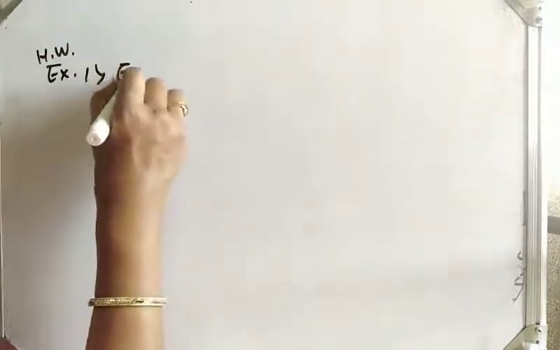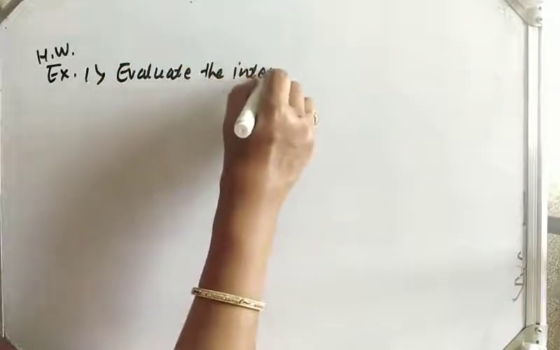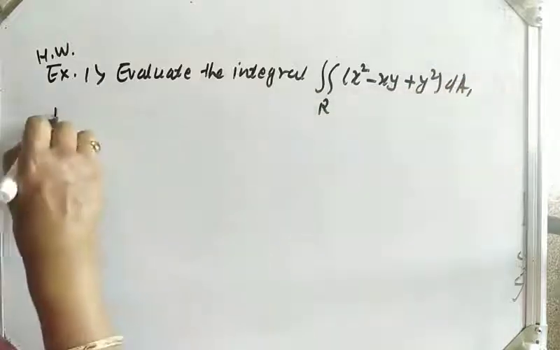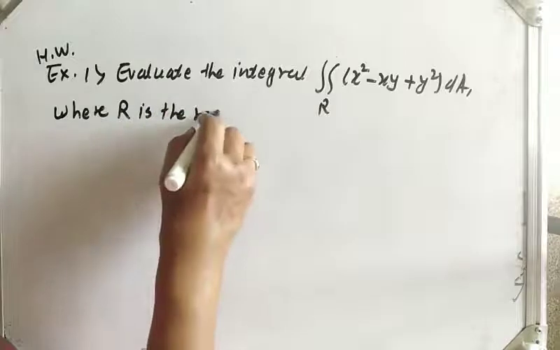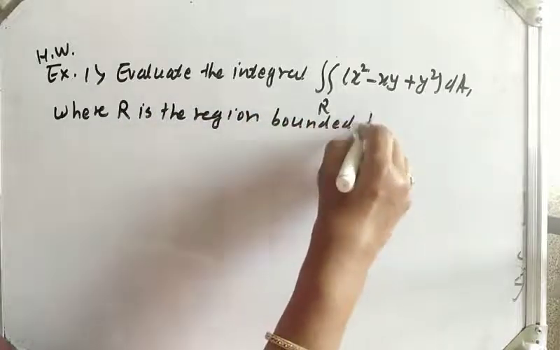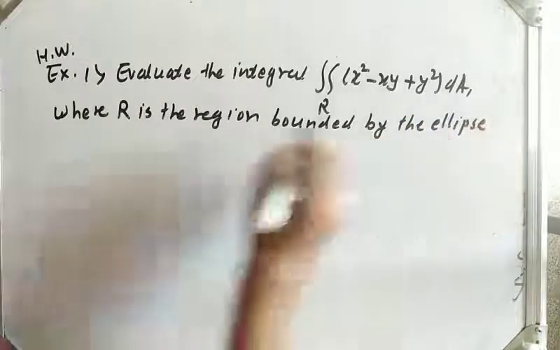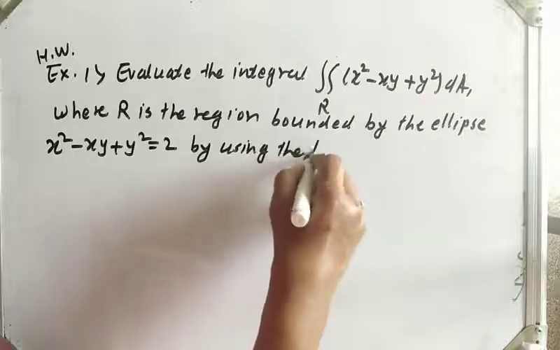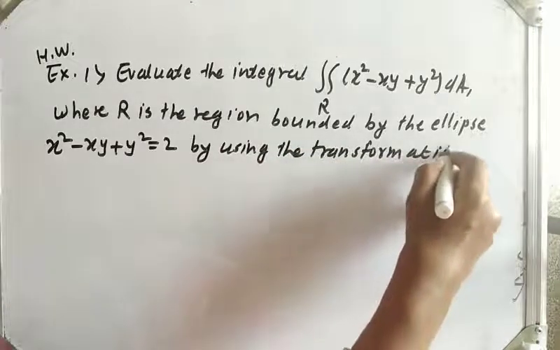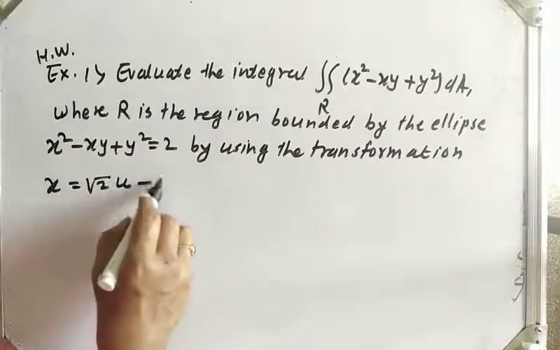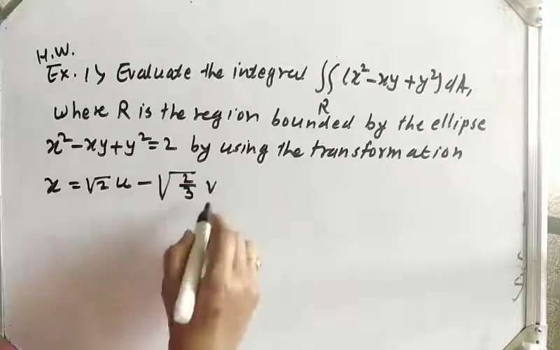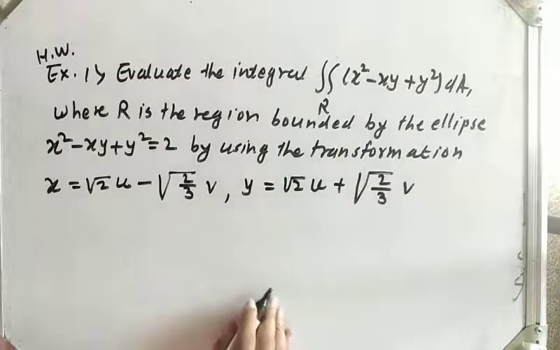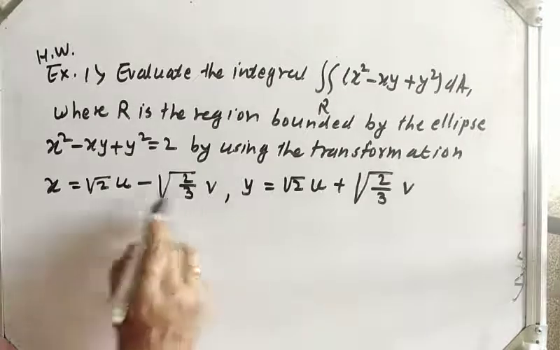First example: evaluate the integral, double integration over R of x square minus xy plus y square dA, where R is the region bounded by the ellipse x square minus xy plus y square is equal to 2, by using the transformation x is equal to root 2 u minus square root of 2 upon 3 v, y is equal to root 2 u plus square root of 2 upon 3 into v. Okay, these u and v are outside of the square root.